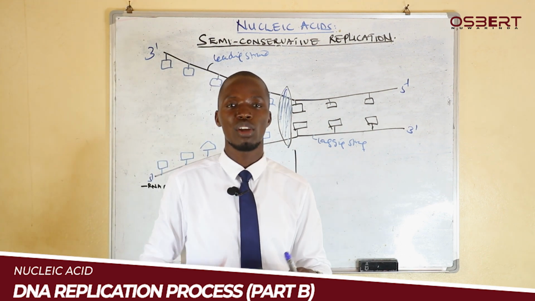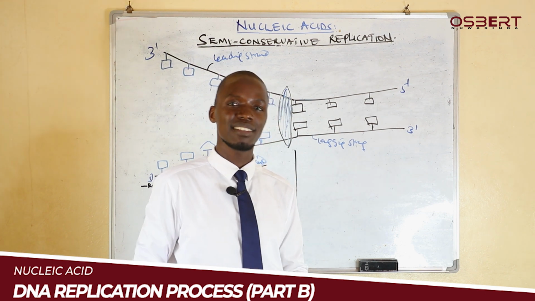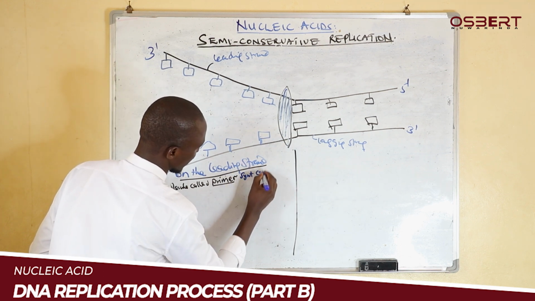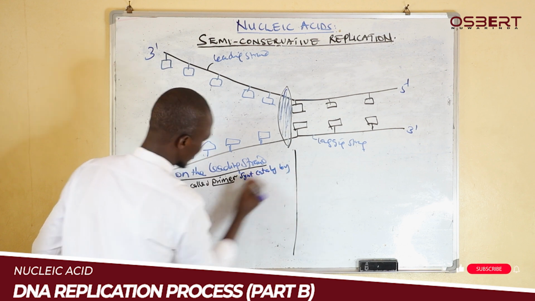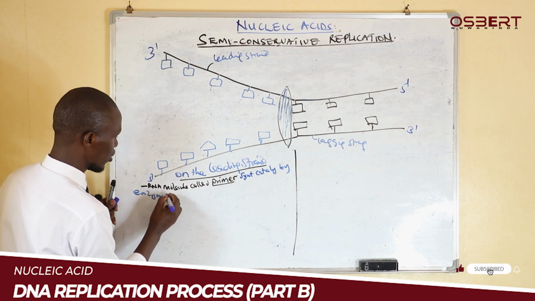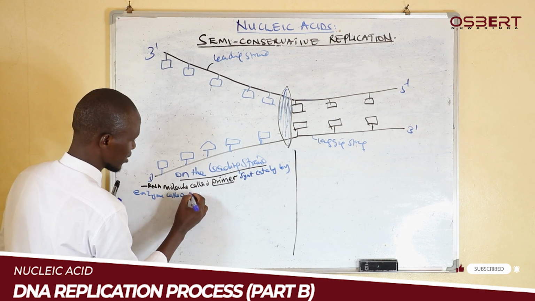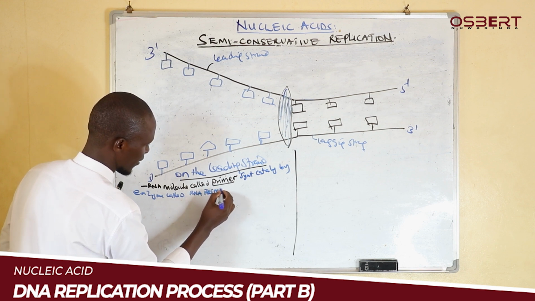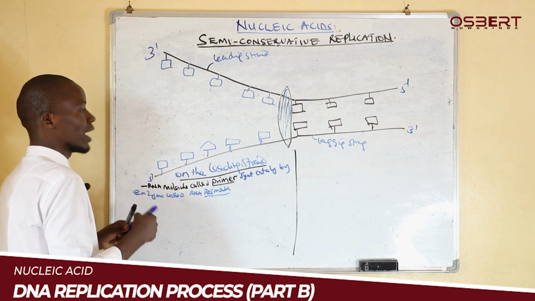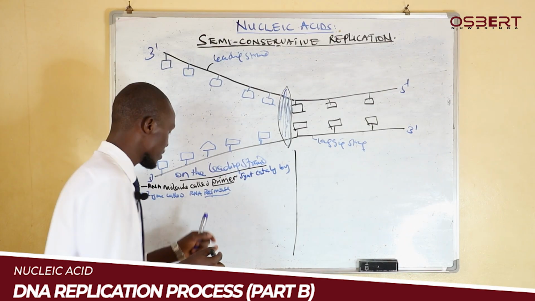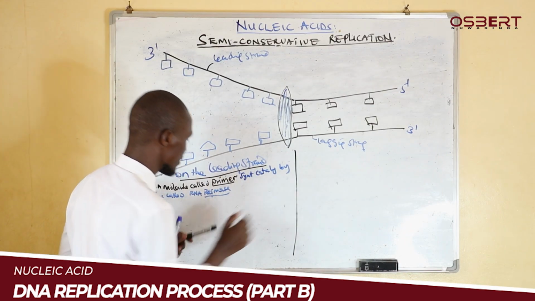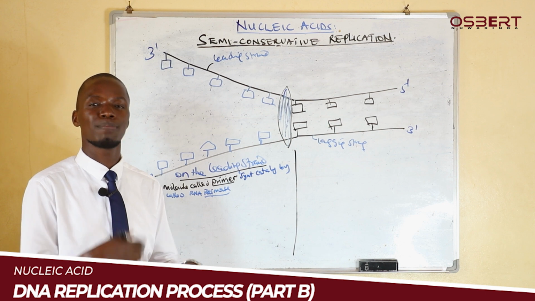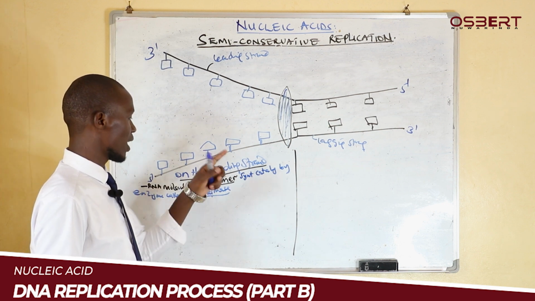Whose synthesis, whose manufacture, is catalyzed by an enzyme called RNA primase. RNA primase is the enzyme which speeds up the process by which this primer is formed.